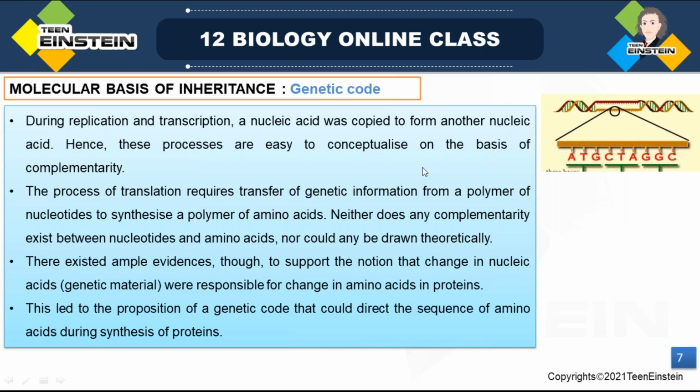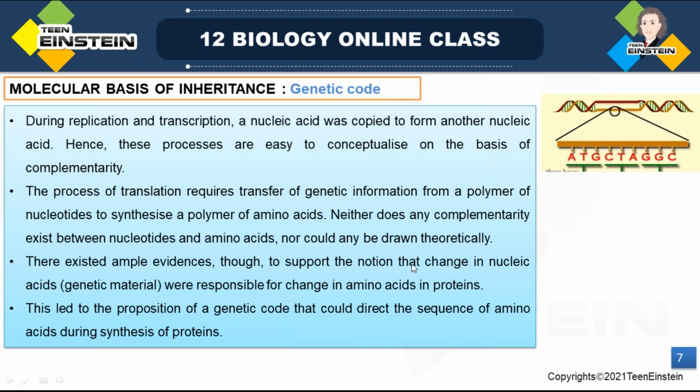But the process of translation requires the transfer of genetic information from a polymer of nucleotides, which is passed on to synthesize a polymer of amino acids. So there is no complementarity existing between nucleotides and amino acids, and there is no theoretical basis for that complementarity.